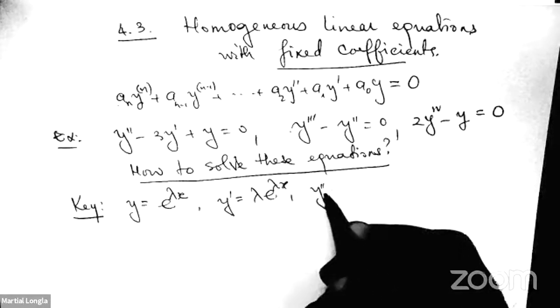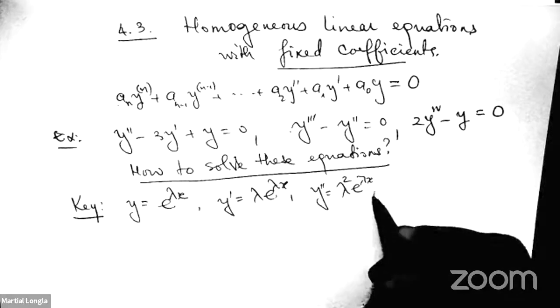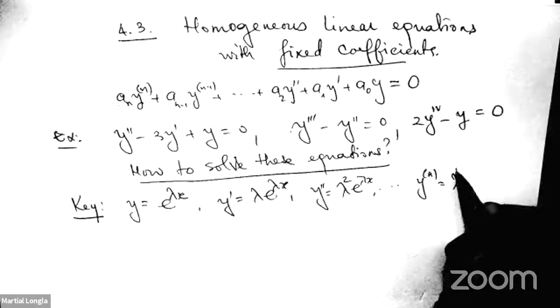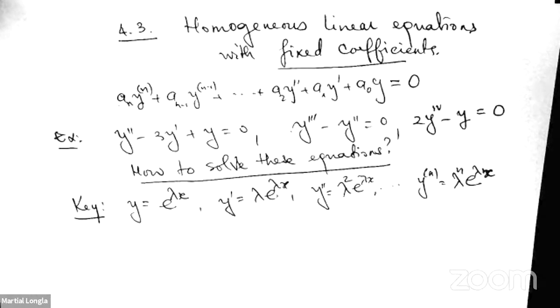The second derivative is lambda squared e to the lambda x. So no matter how many times you take derivatives of this function, you're always going to have e to the lambda x showing up as the only function that involves x, and everything else will just be the coefficients coming down. If you take those derivatives and plug into this equation, everything is going to simplify and you will have an algebraic equation.